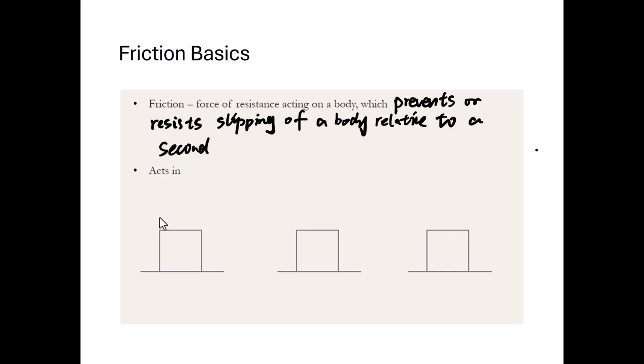It acts in the opposite direction to motion of objects.